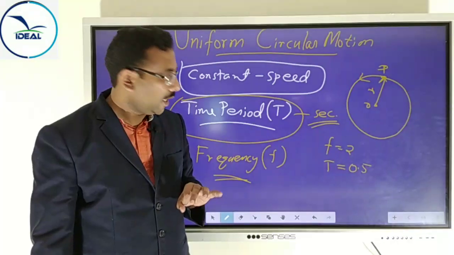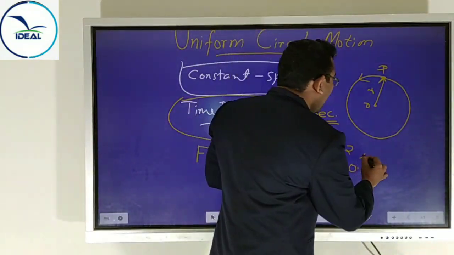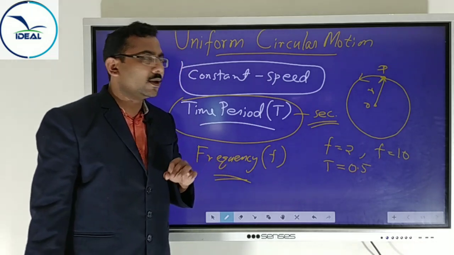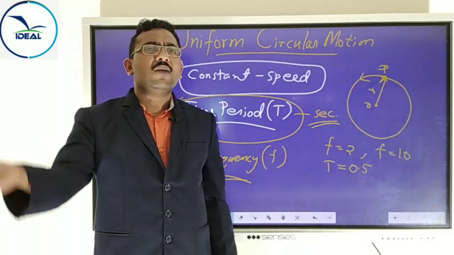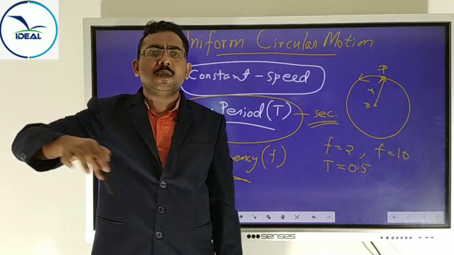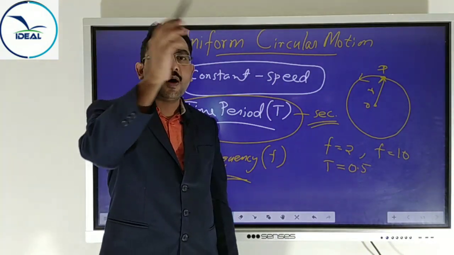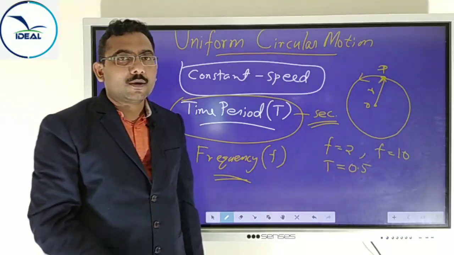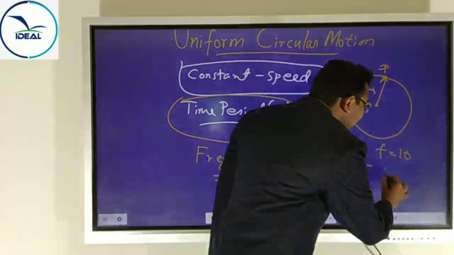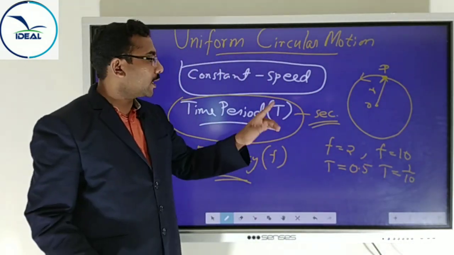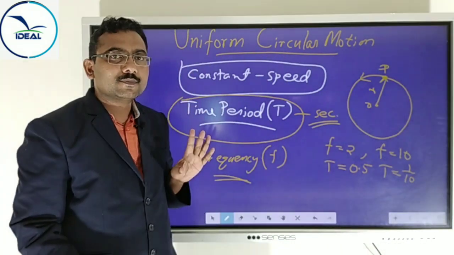Isn't it? Yes. If f equals 10, what is the meaning? The body is revolving 10 times per second. In 1 second it revolves 10 times. Then what is the time period? Yes, it is 1 by 10, the time taken for one revolution.